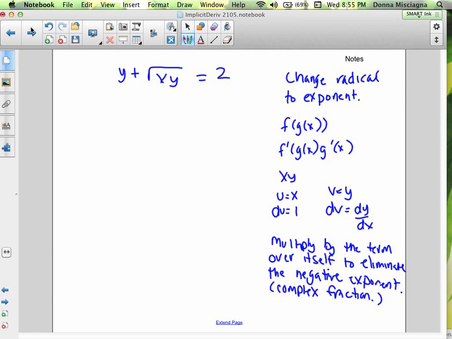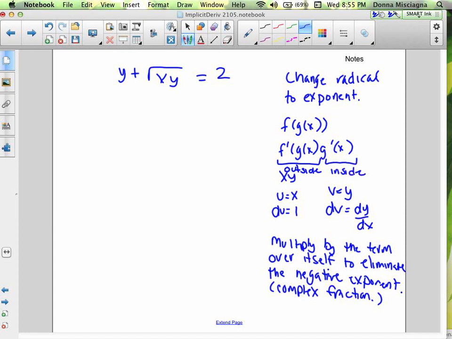So this part here is the derivative of the outside. This part here is the derivative of the inside. And this is all in your notes already, what's off to the side there. All right, first of all, though, let's change that radical to an exponent. So that would be y plus xy to the 1/2 power equals 2.